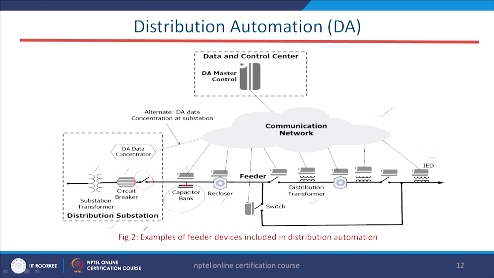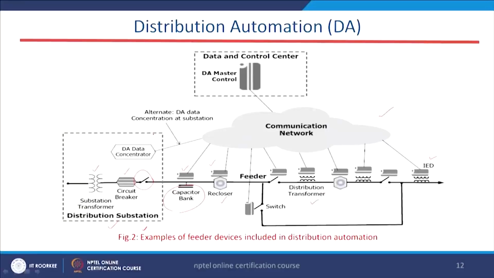This IED is present near the distribution transformer, or near the switch, or near the recloser, or near the capacitor bank. It will collect the data from those devices. So, these are the devices present inside a distribution system. This whole system is our distribution system, and this is your distribution substation, from where we get the power to the subsequent sections. This is our feeder, this is one feeder.